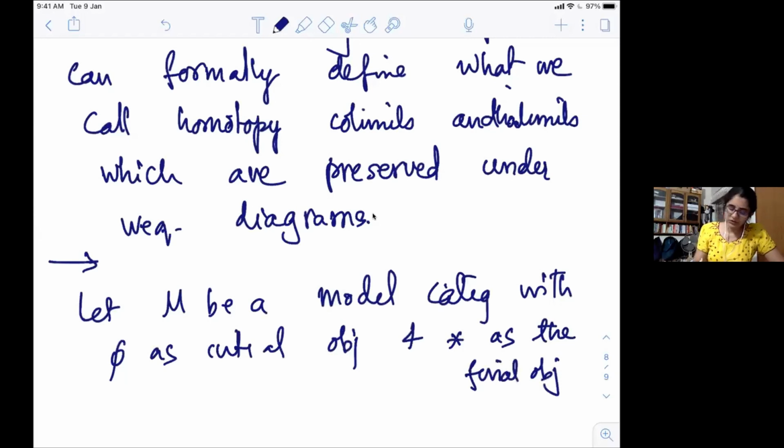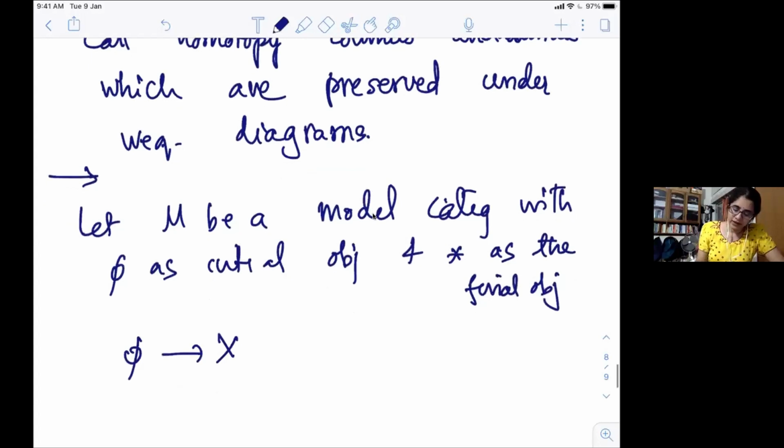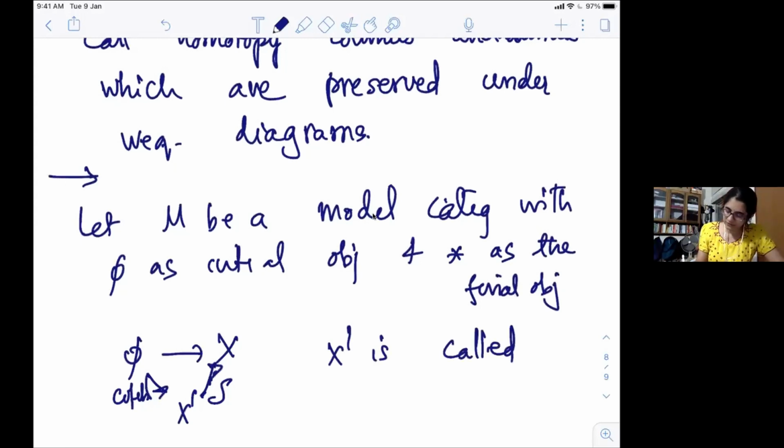So initial object in the sense that there is always going to be a morphism from phi to any space X. And remember, I can always factor this through a cofibration and then a weak equivalence. So this X prime is called a cofibrant replacement.